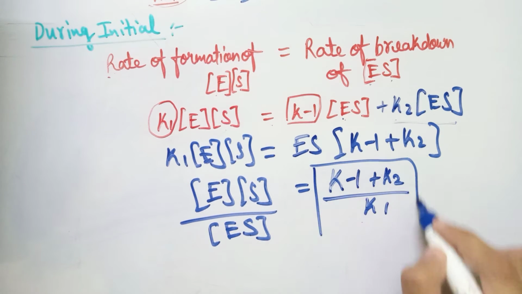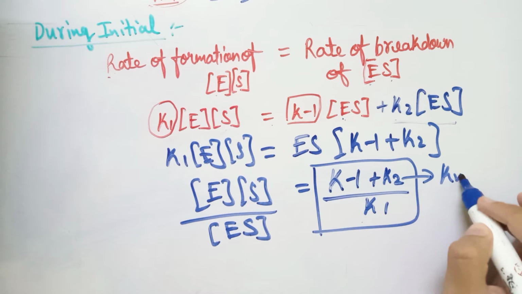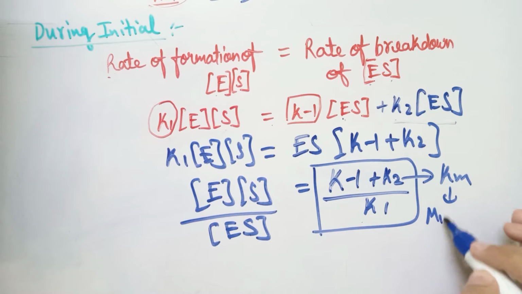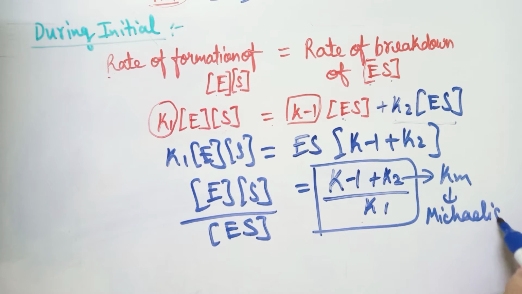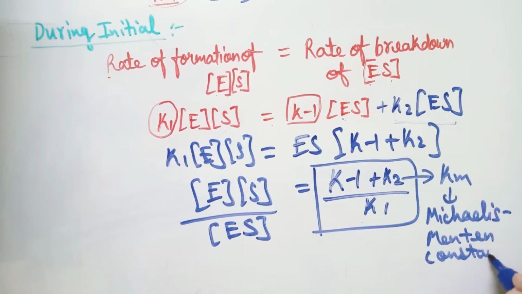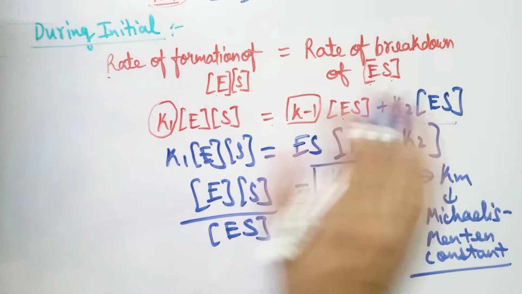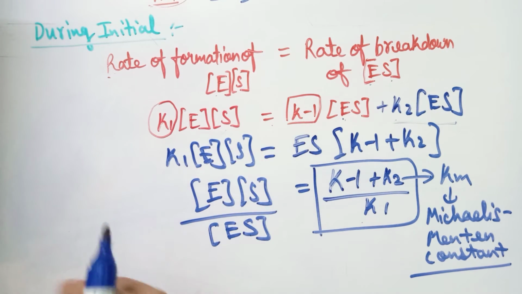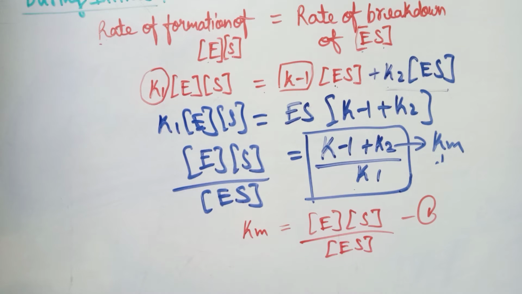And now this is known as the Km, or the Michaelis-Menten constant. So this is the corrected form of this equation which was corrected by Haldane, and we can write the Michaelis-Menten constant, or Km, as this.